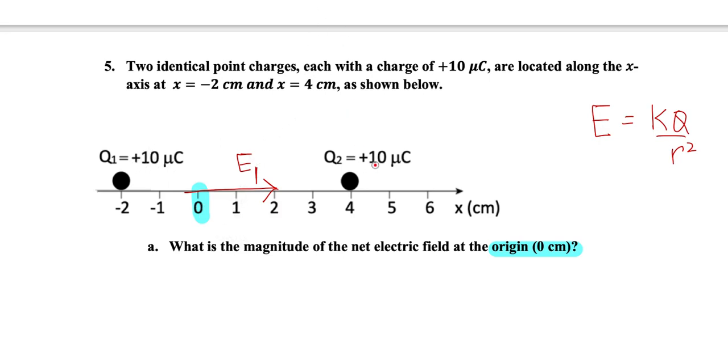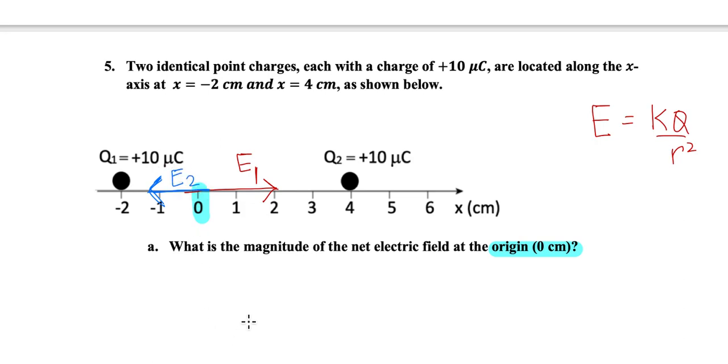Now the second one, Q2, that's also a positively charged object or point charge, and for positive we know that the electric field line should point outwards. So here at point 0, that is at the origin, if I want to draw it, it would look like this. So let me just draw it with a blue color. That's E2.